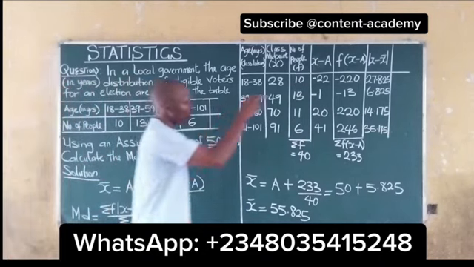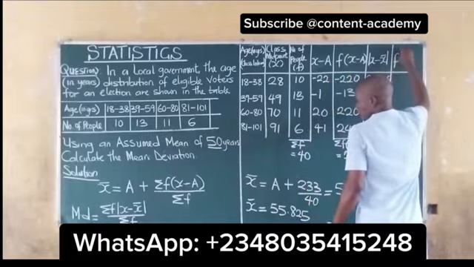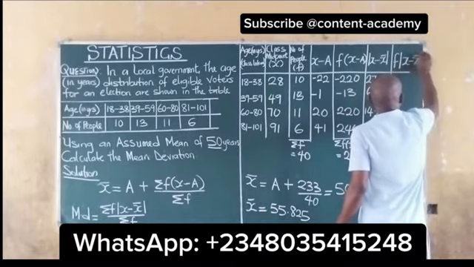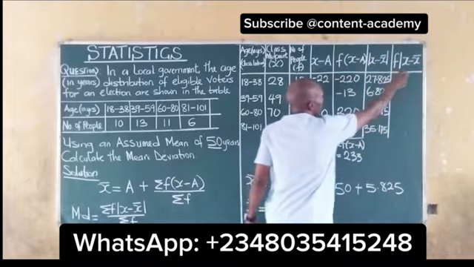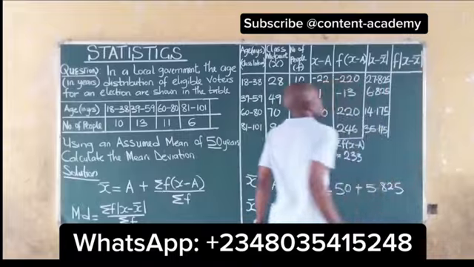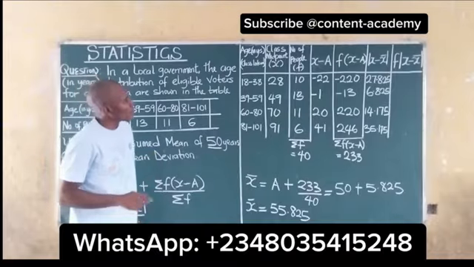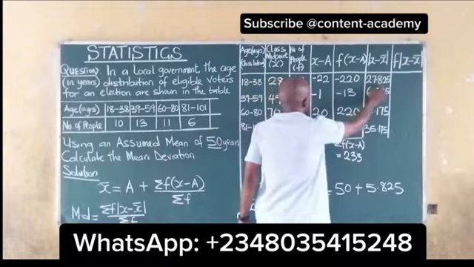Now, we move over to this side of the board, which is f multiplied by x minus x bar. So individual values of f multiplied by what we have here.